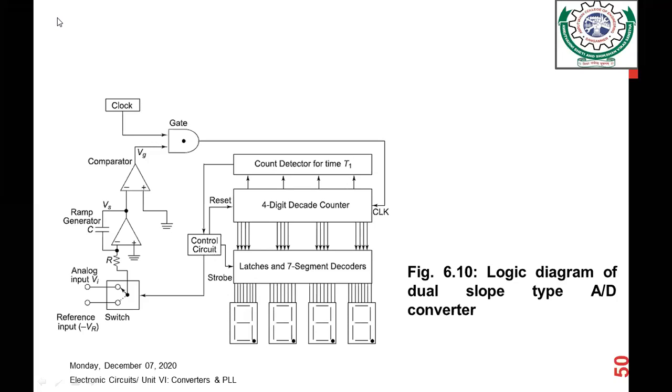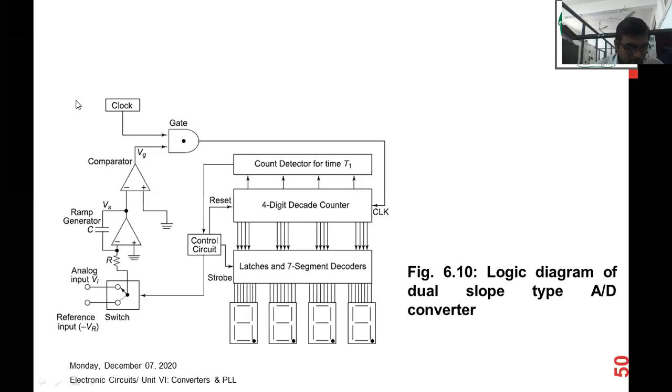Have all of you noted down this diagram till now? We will go through the operation of this dual slope type A to D converter. Here you can see in the diagram, initially there is a switch that switches between two voltages.